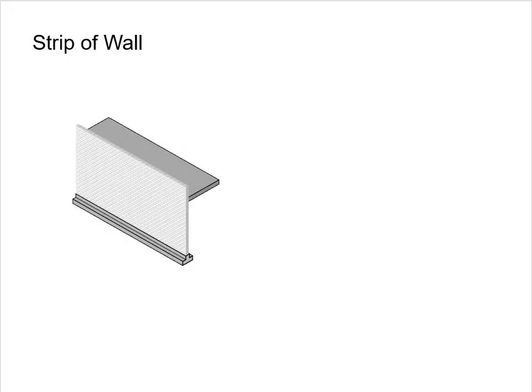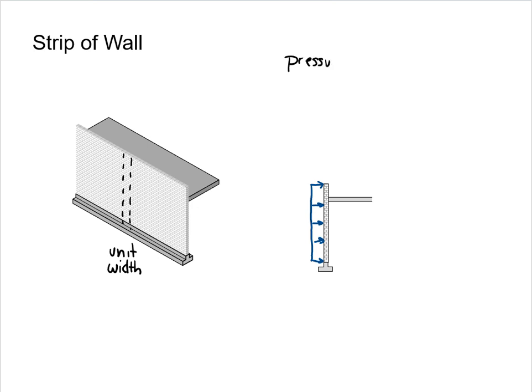To analyze the wall, we typically consider a vertical strip of the wall. That strip has unit width, so a width of 1. Pressure acts on the wall, and that pressure has units like pound per square foot or kilonewton per square meter.